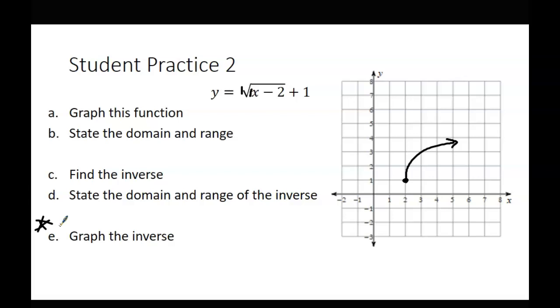Lally, what's the domain for the original function? Cool. And can I bother you for the range as well? No. You always change the sign of that number when you write your starting point. Edward, what did you get for your inverse?